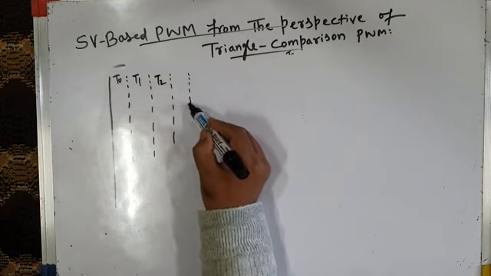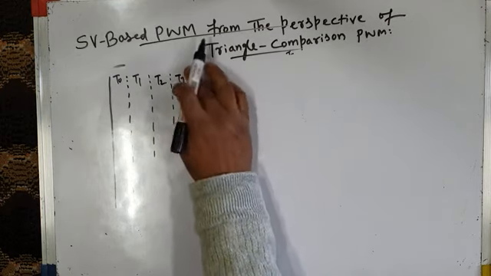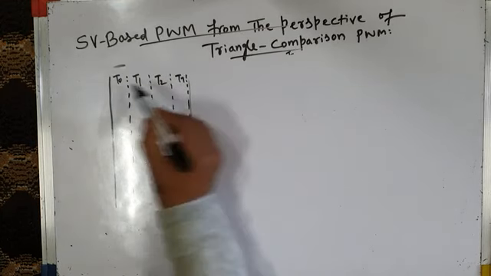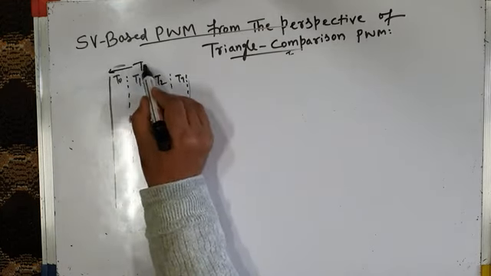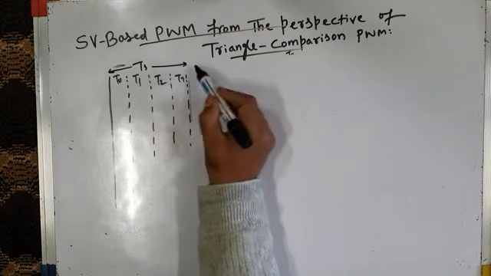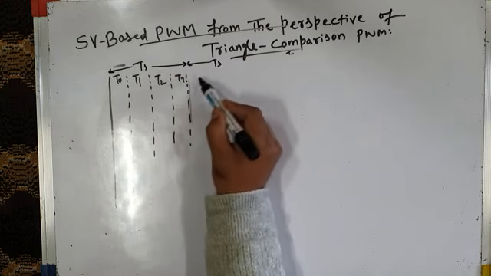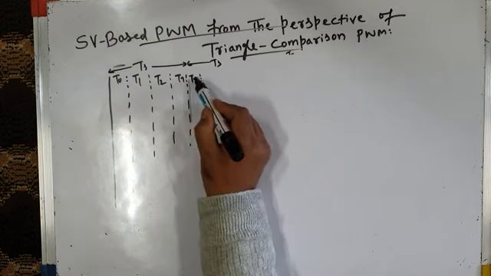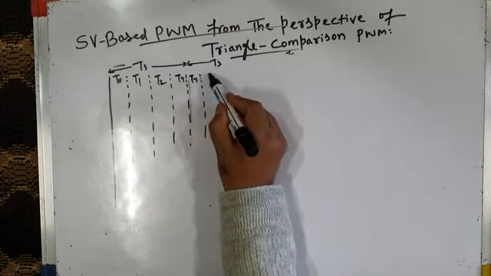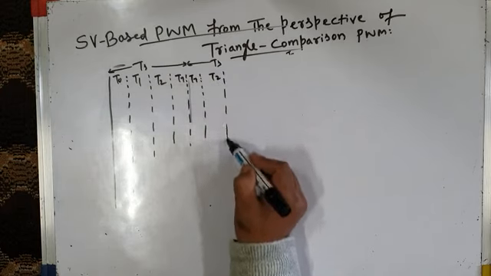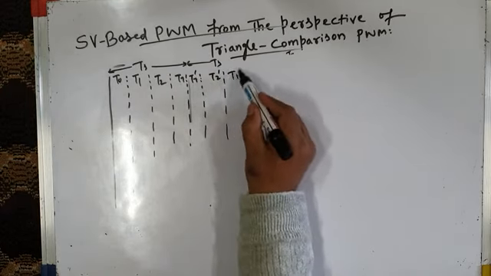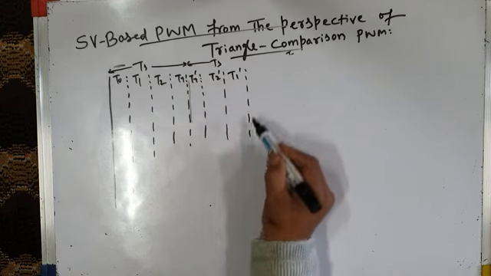This is dwell time t7. And then this completes one subcycle Ts, and then we have another subcycle where we start with t7 itself, then in reverse order t2, let's call this t7 dash, t2 dash, t1 dash, and t naught dash.